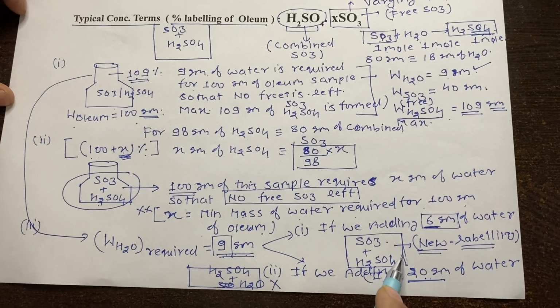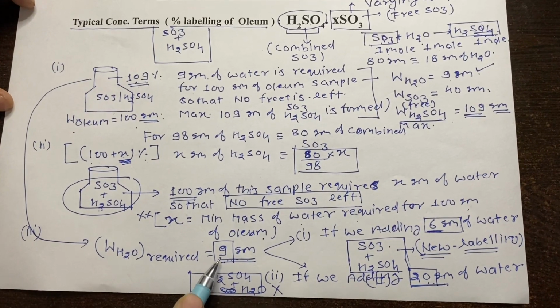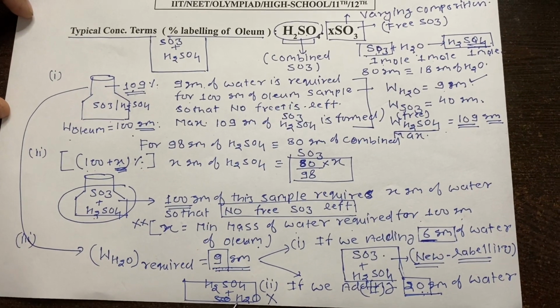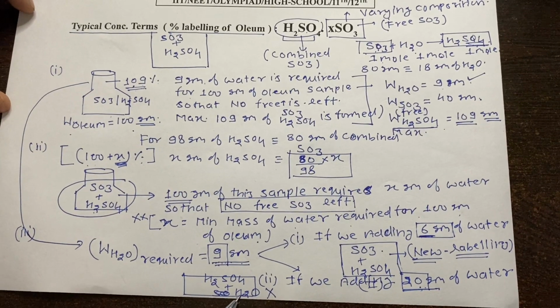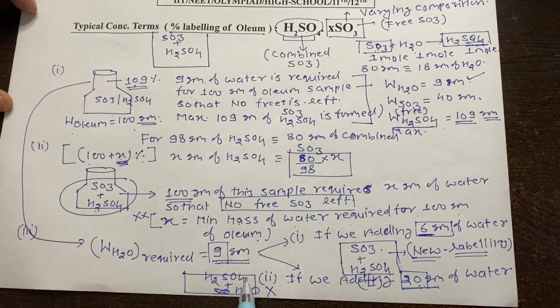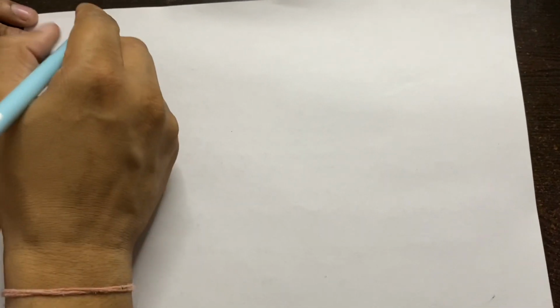This will be the new sample. And if we are adding excess water than required, suppose 9 gram required and 20 gram added, then extra water will be present in the sample, so the final sample contains H2SO4 and H2O, so this is not an oleum sample.